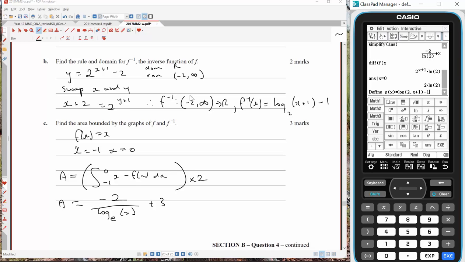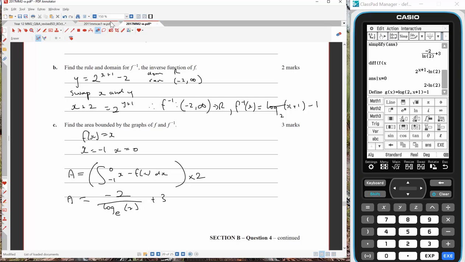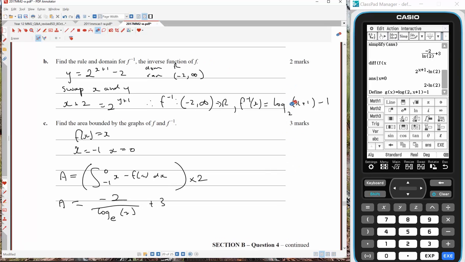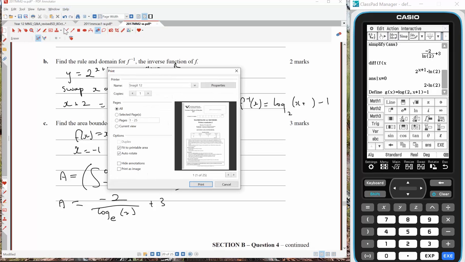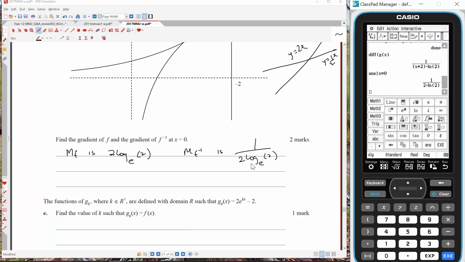That's wrong, that should be x plus 2. Okay, now differentiate g of x with x equals 0. Yeah, okay, that's that there.